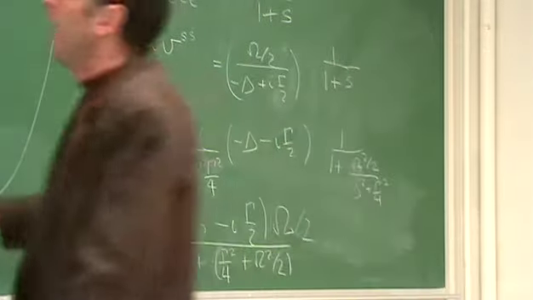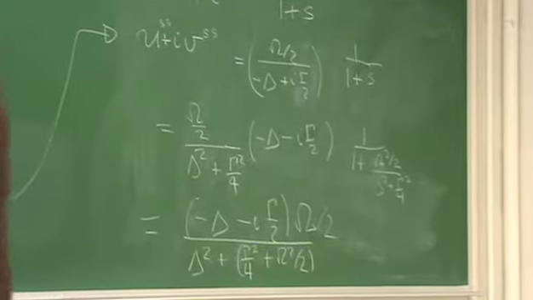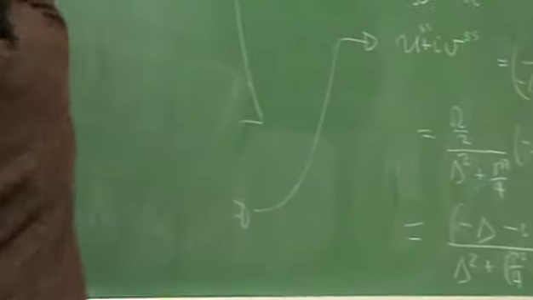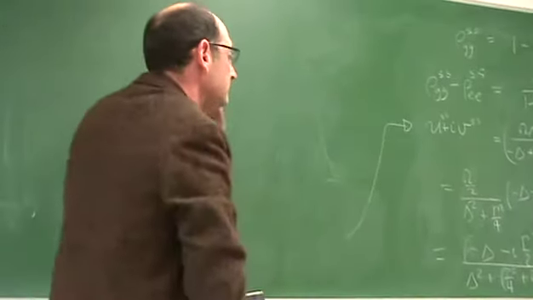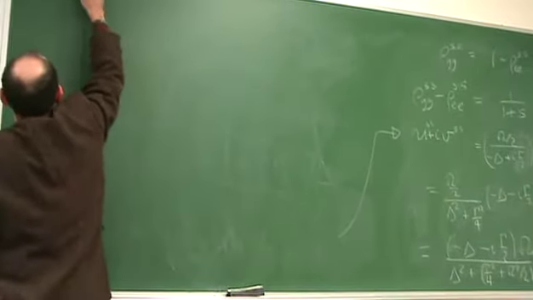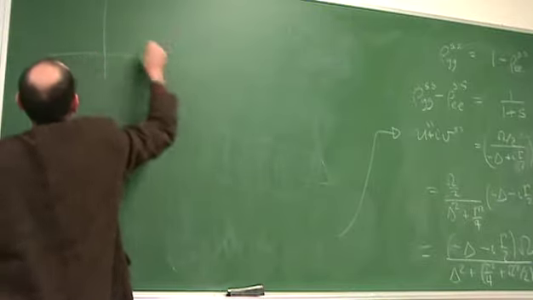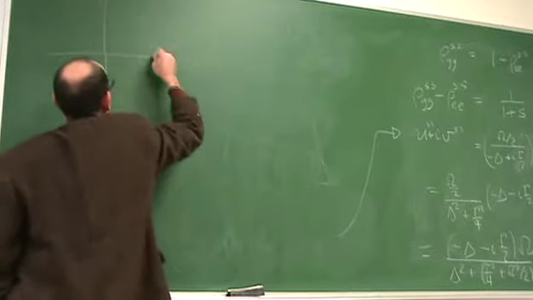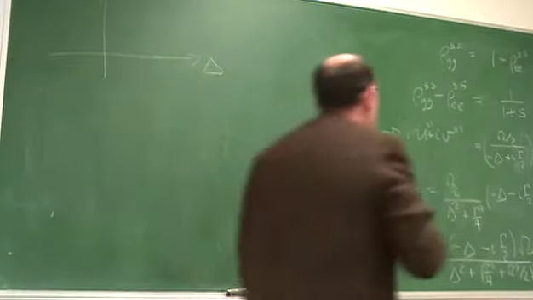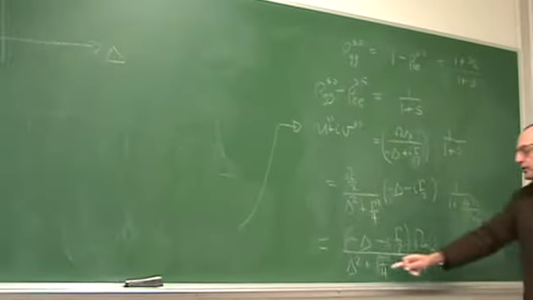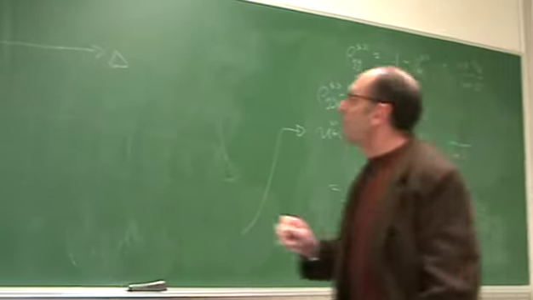Let's sketch that out again. If I look at minus V as a function of detuning, minus V is equal to gamma over 2 divided by this stuff. What do we see in that case?